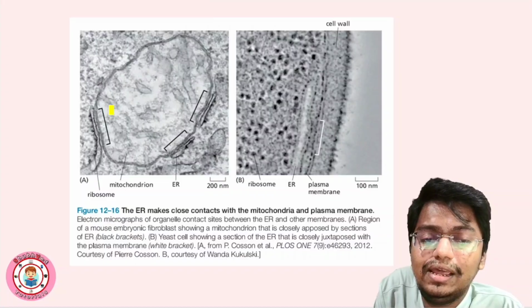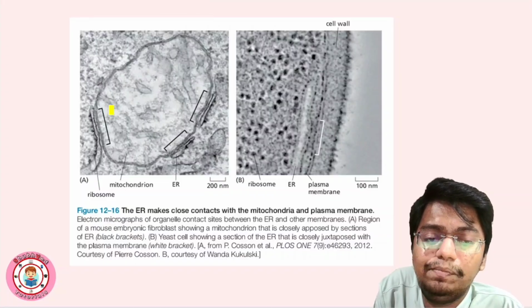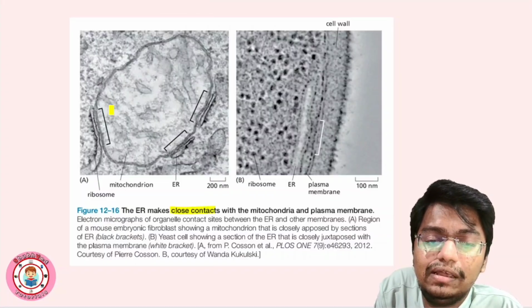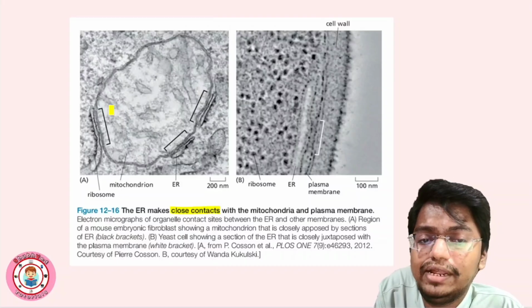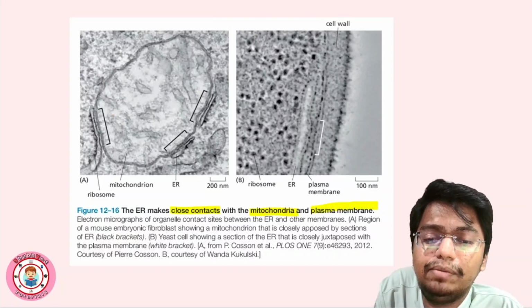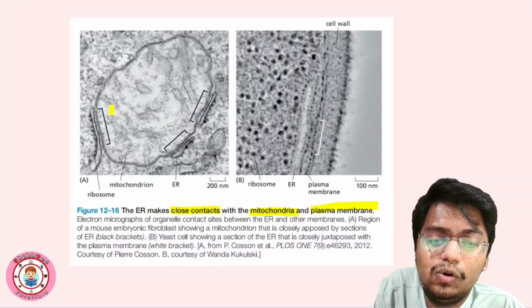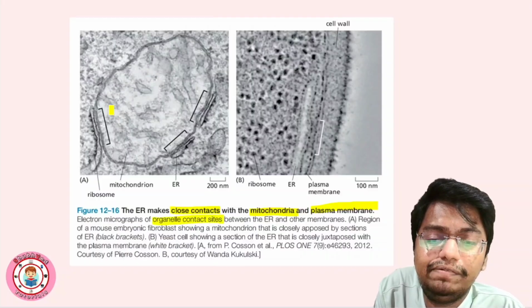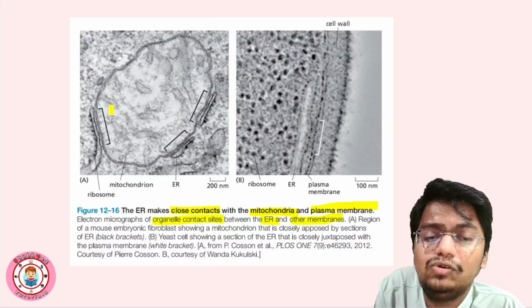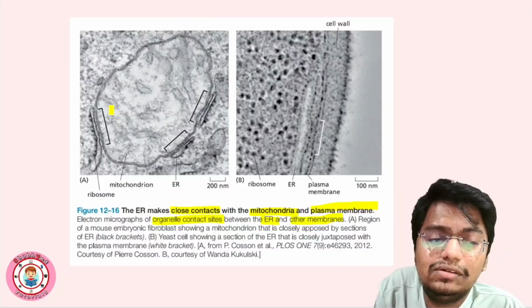Then this ER makes close contacts with other membranes, right, of mitochondria and plasma membrane. Okay, it forms contact sites. These are known as organelle contact sites between the ER and other membranes.